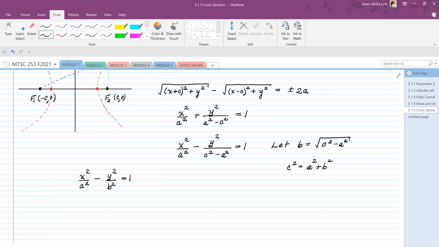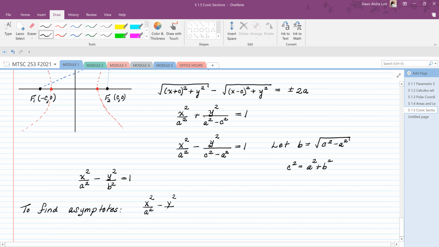Then we can also find what we call asymptotes. So to find the asymptotes, we're going to let x squared over a squared minus y squared over b squared go through the origin. So you get y is equal to plus or minus b over a x.